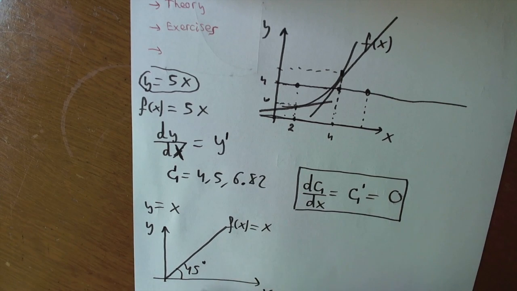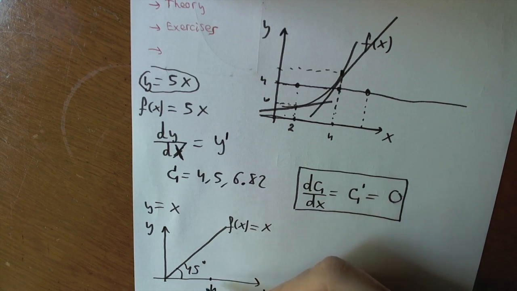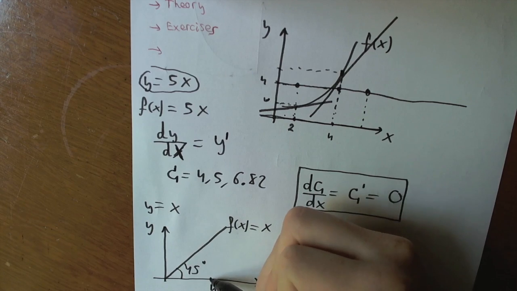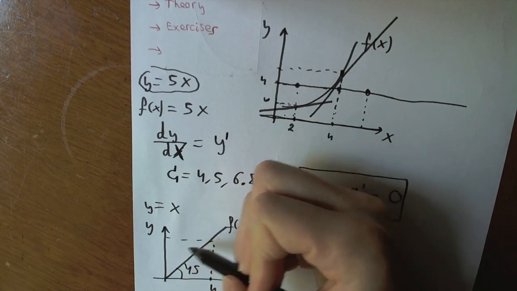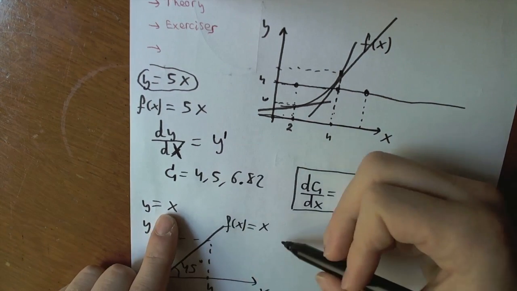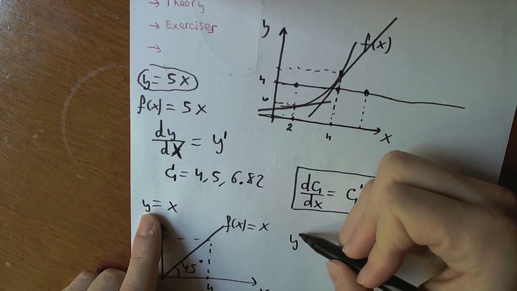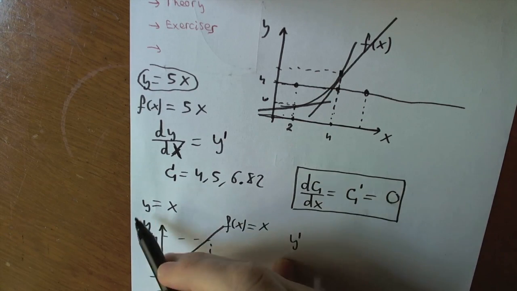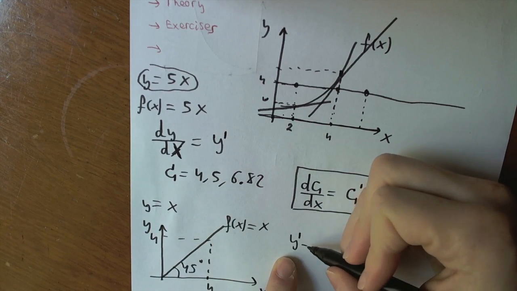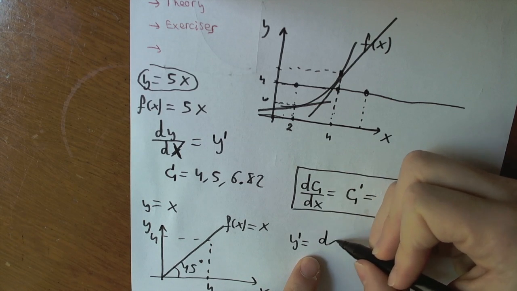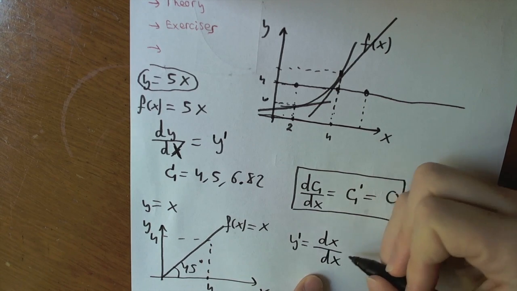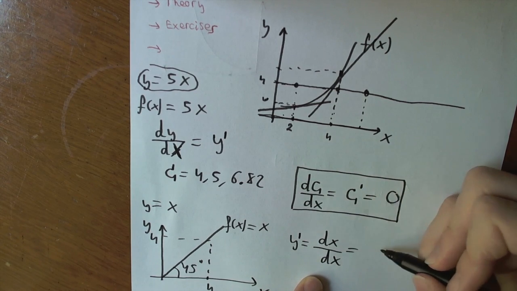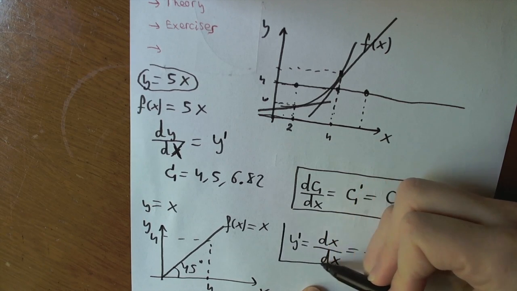You see, when x is, for example, 4, if y equals x, it means that y is also 4. So the derivative of y with respect to x is the derivative of x with respect to x, and as you can imagine, this is 1. This is very, very, very important.